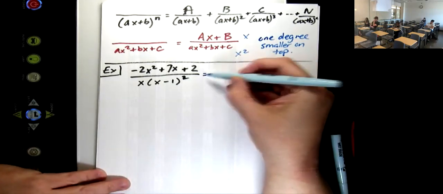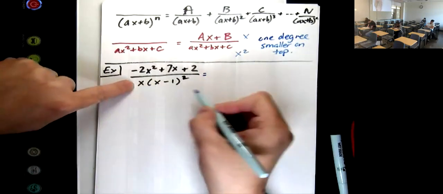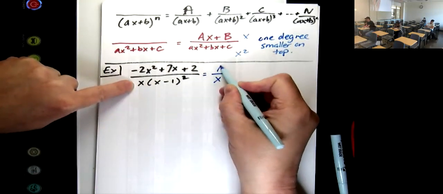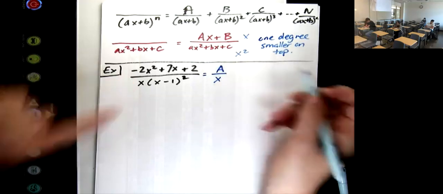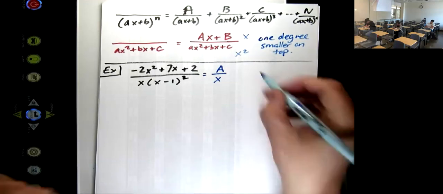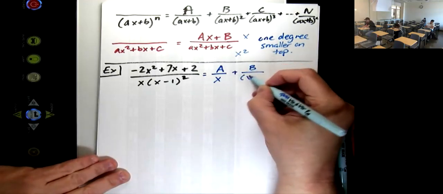Okay, so we have an x there, so we should have a term that just has an x on the bottom. And we should have a term that has just x minus 1 on the bottom.